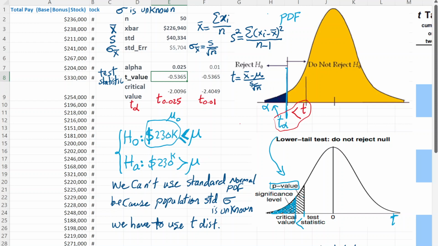We are not able to reject the null hypothesis. At the alpha level values provided here for both of them, there is not enough statistical evidence to be able to reject the null. So do not reject the null, and reject the alternative.